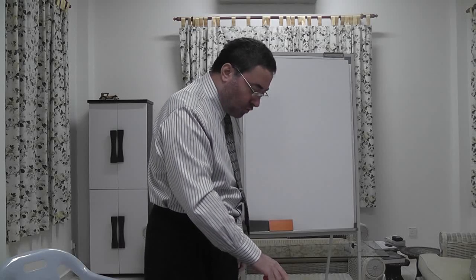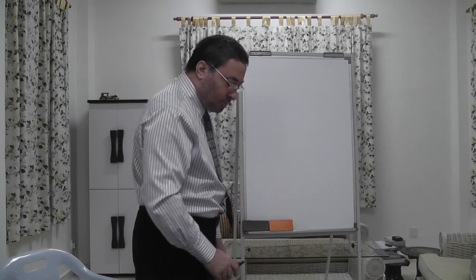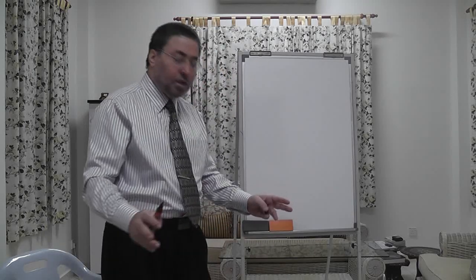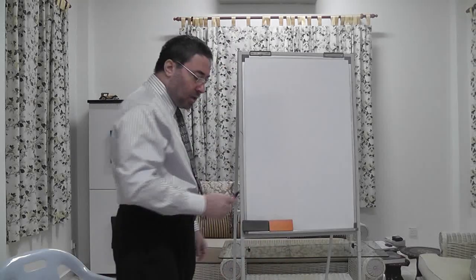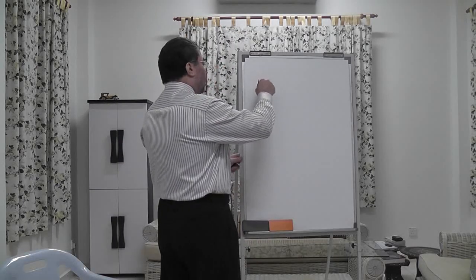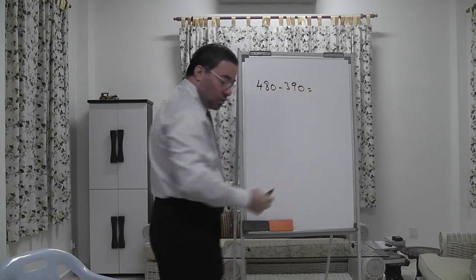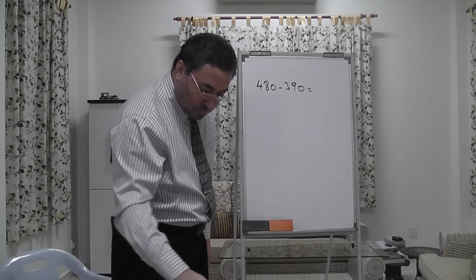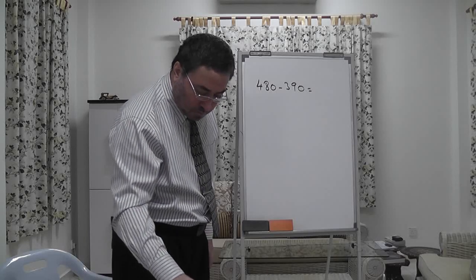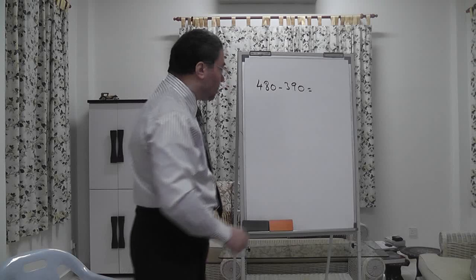Number 14, the regular price of a video cassette recorder is $480. It is on sale for $390. Find the discount. The discount in percentage is, first we have to find the difference between the two numbers, and then we compare it to the original price. So the difference between the two numbers, 480 minus 390, that's equal to 90.